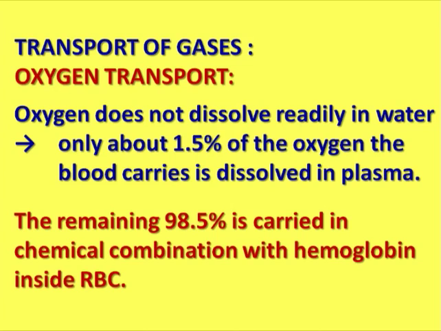So, in the plasma portion of the blood, only 1.5% of oxygen is there. The remaining 98.5% of oxygen is carried by the hemoglobin in the form of oxyhemoglobin inside the red blood cells.